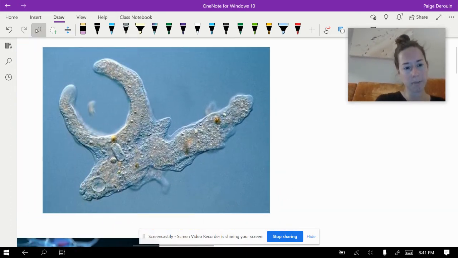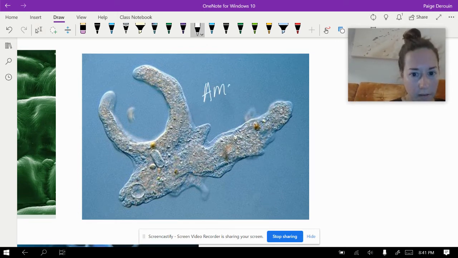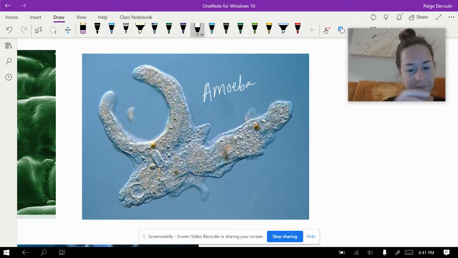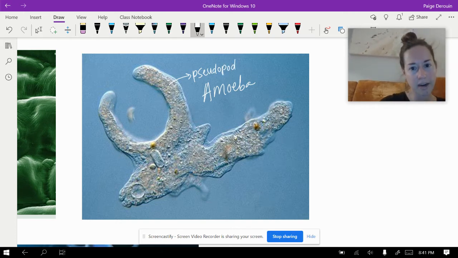All right, moving up here, this is an amoeba, which is actually a whole organism, but it's also only one cell. So amoebas are pretty cool because they have these structures called pseudopods that engulf whatever they're trying to eat.